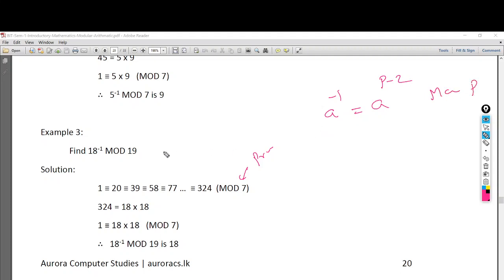So what I want to find is the inverse of 18, that is 18 to the power p minus 2, where p is 7, so 5, in mod p. Now you have to find 18 to the power 5, which is a big number, and then find the mod. So let's use a calculator to find 18 to the power 5.